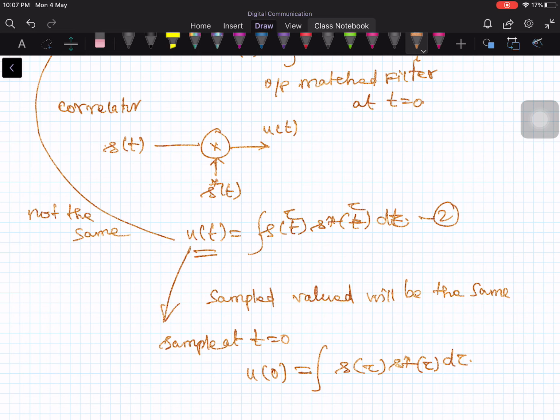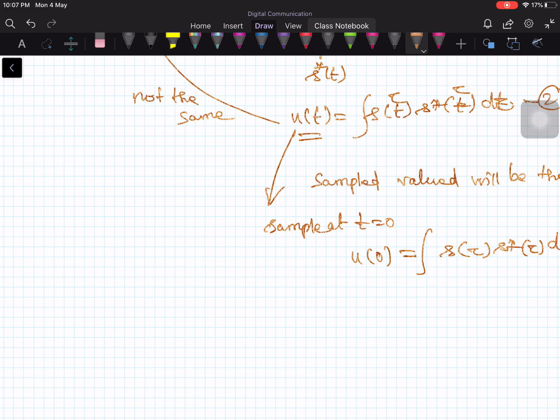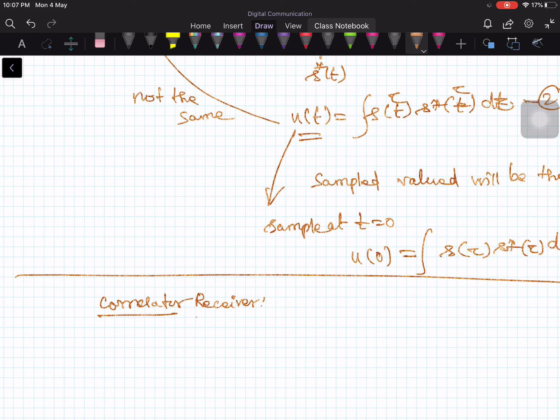Now let us talk about correlator receiver. So this is the difference between matched filter and the correlator receiver. Now let me talk about correlator receiver for BPSK signal or any antipodal signal.